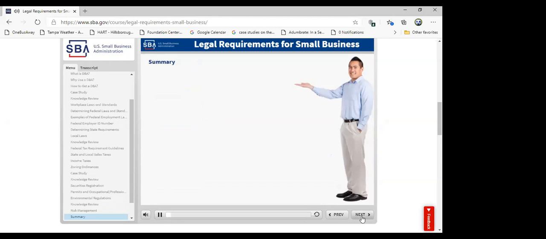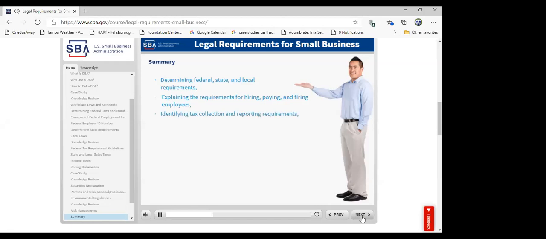We have looked at some of the main legal requirements you may need to understand and deal with as you start your small business, such as determining federal, state, and local requirements, explaining the requirements for hiring, paying, and firing employees, identifying tax collection and reporting requirements, understanding the importance of zoning ordinances, securities registration, business permits, and occupational or professional licenses.